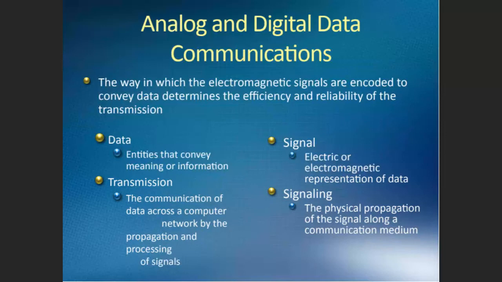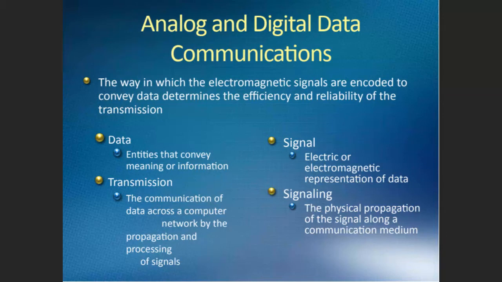Transmission is the communication of data across a computer network by the propagation and processing of signal. Propagation means traveling. We like to use our own terminologies for telecommunication. So instead of saying traveling or transmitted, we say propagate. For electromagnetic signal, it's propagating.